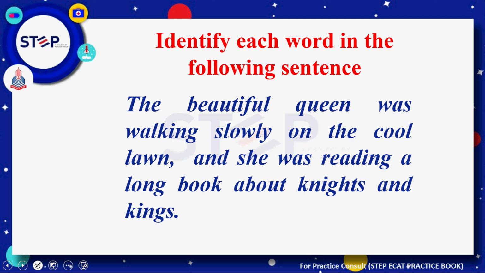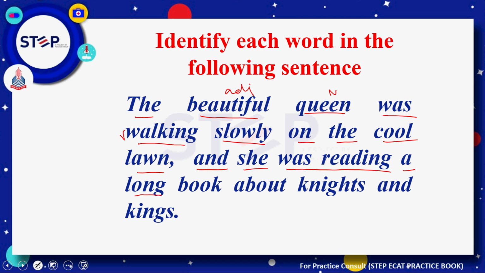In this sentence, the is an article, beautiful is an adjective, queen is a noun, was is a helping verb, walking is a verb, slowly is an adverb, on is a preposition, the is an article, cool is an adjective, lawn is a noun, and is a conjunction, she is a pronoun, was reading helping verb and verb, a is an article, long is an adjective, book is a noun, about is a preposition, knights is a noun, and is a conjunction, and kings is also a noun.